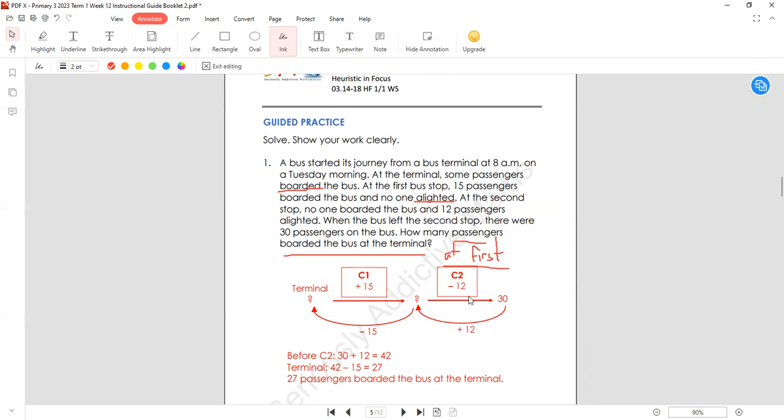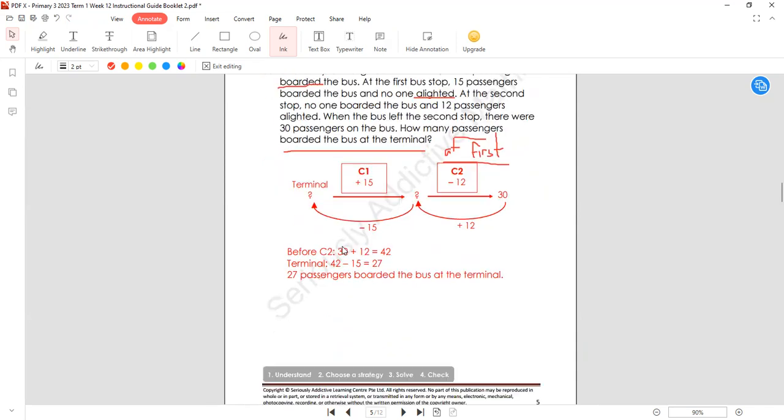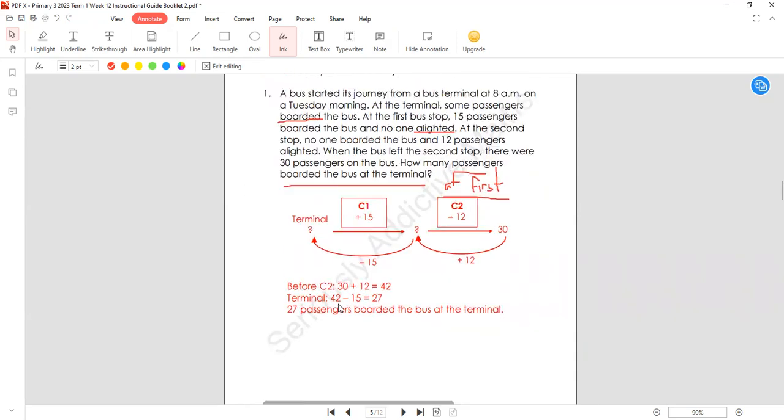Okay, but because this is something very different for them, what I'll suggest is you draw up the story as it is first. So here is shown, but please do not use this model answer. They may not understand. So let's do it this way. At the terminal, okay, there were some passengers. We don't know how many, right? But what happens is at the first stop, right?